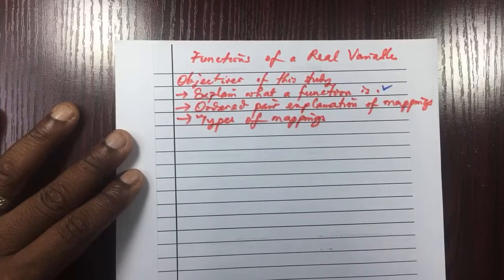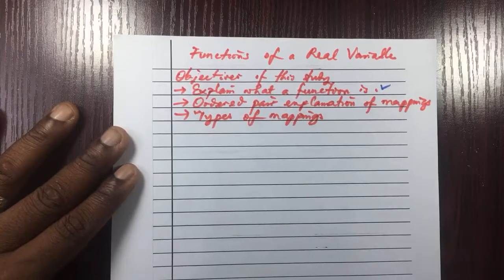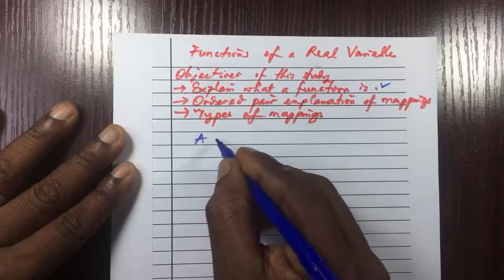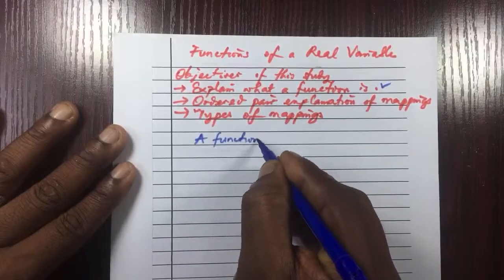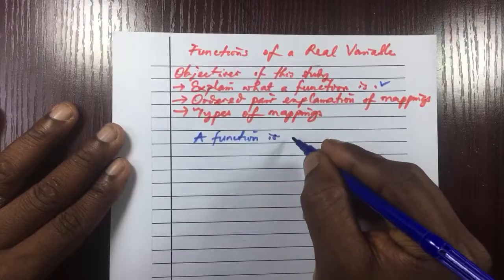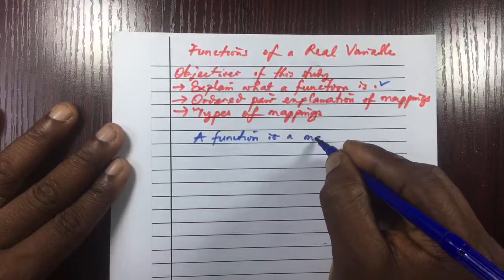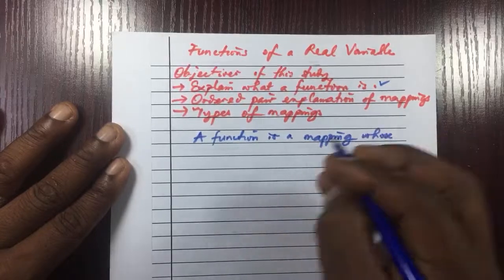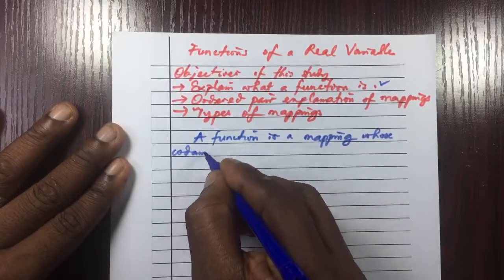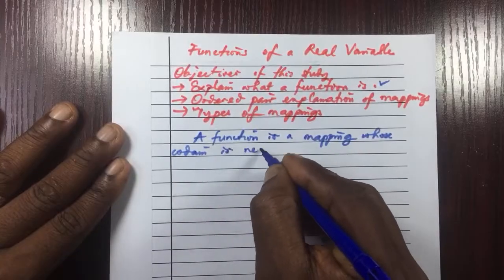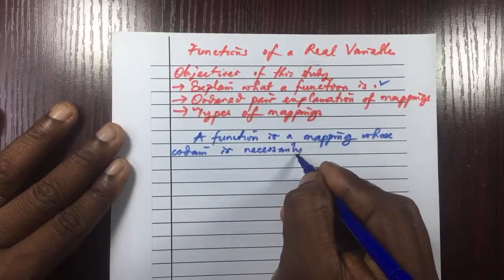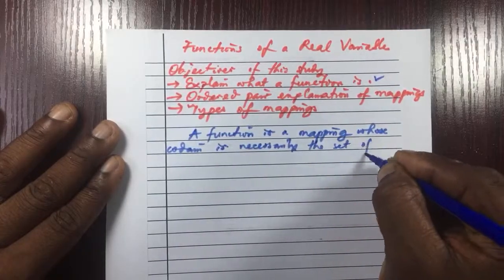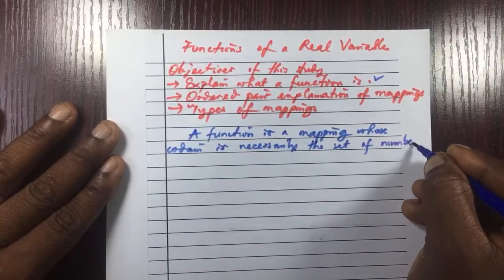If you followed the video on the first class, you will recall that I told you that a function is a mapping whose codomain is necessarily the set of numbers.